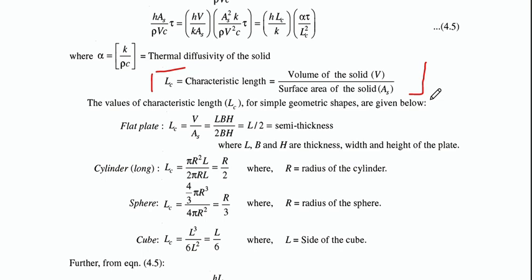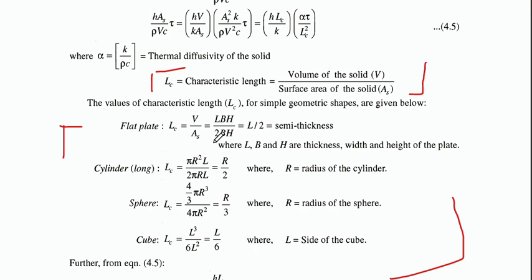If I want to apply this equation, I need to find Lc. Lc is the characteristic length, that is the volume of the solid divided by the surface area of the solid. This is the equation of Lc for different geometries: flat plate, cylinder, sphere, cube. For a flat plate, volume is length into breadth into height.